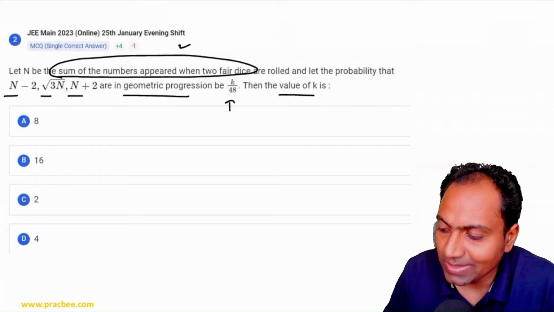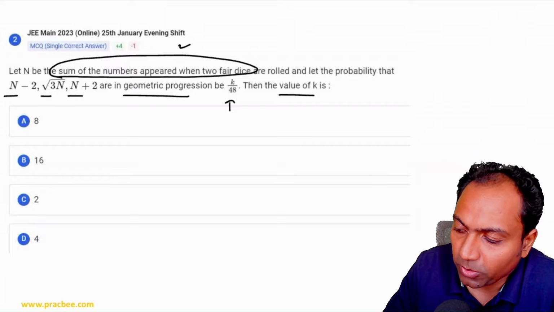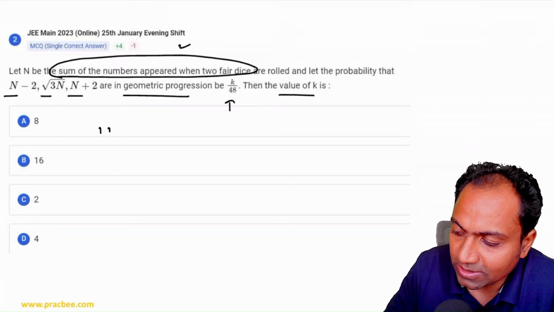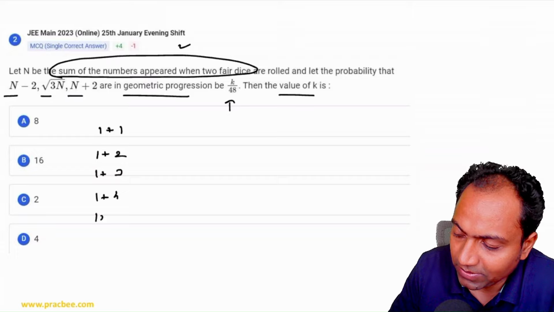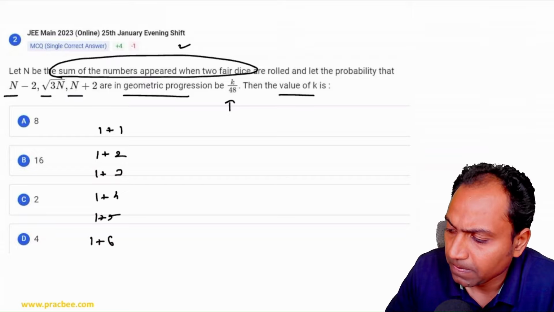For doing this, we are going to first check what can be the possible values of n. Let us say that on the first die 1 is coming, and on the second die also 1 is coming. So we are checking how many different cases there can be. If I have a very systematic way of forming the cases like I am doing, it is very simple to do.